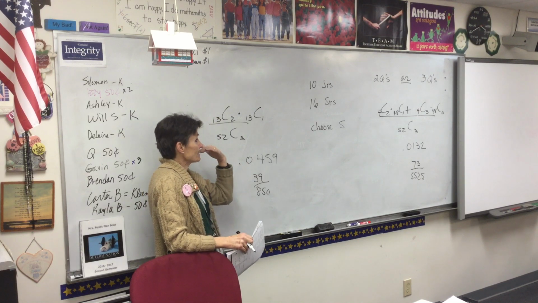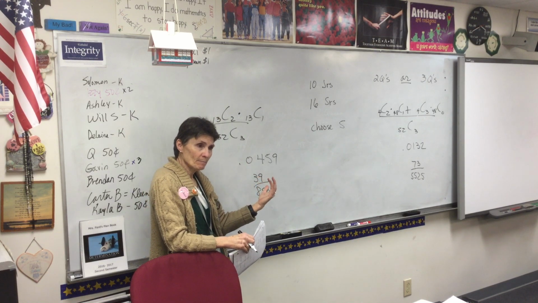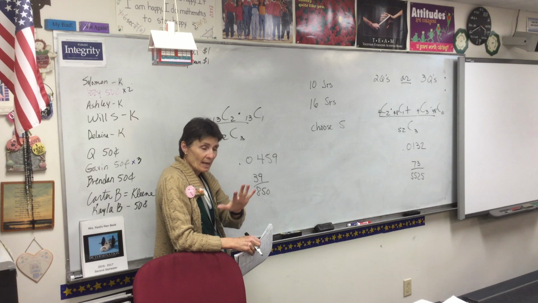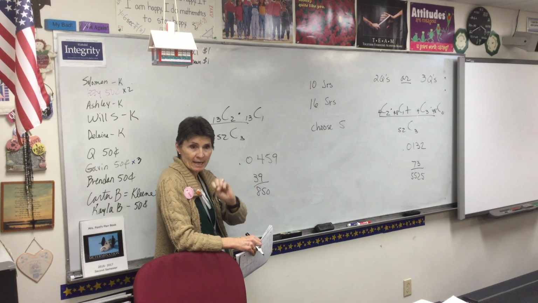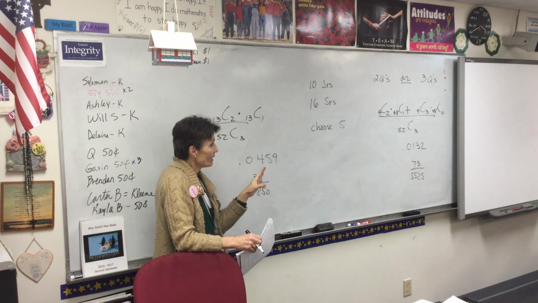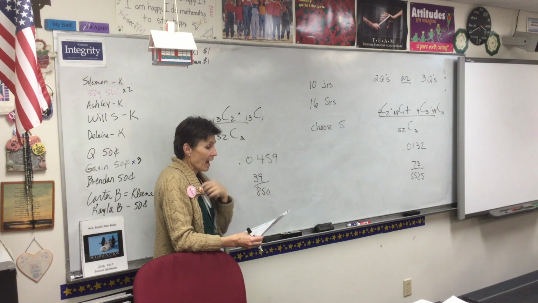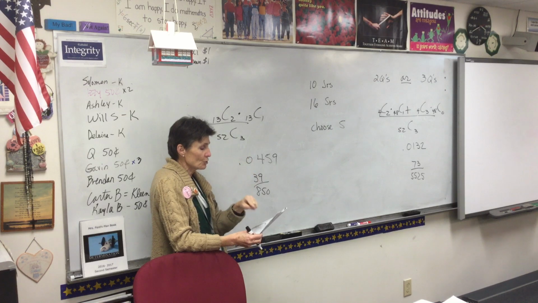This is exactly like the card problem, only we're picking 5. And instead of diamonds, hearts, clubs, and spades, now we only have juniors and seniors. So I want to get 2 juniors and 3 seniors.